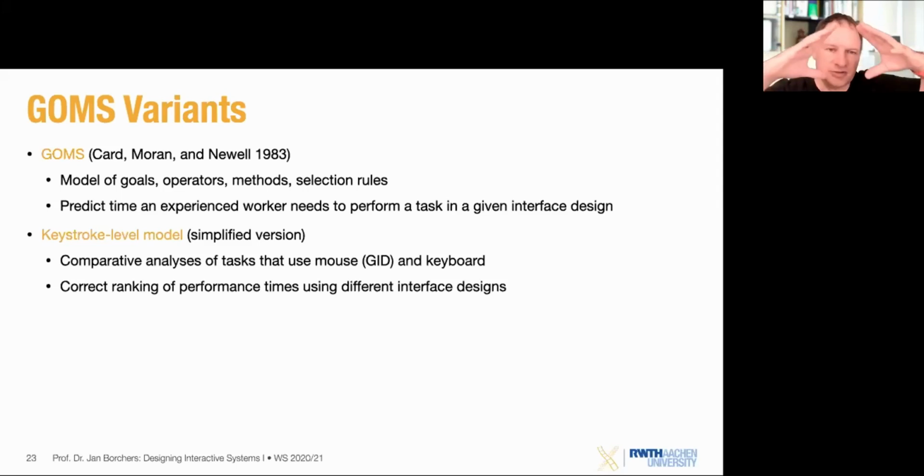It removes the rest of this pyramid, if you want, so that you don't cover all the different variants of how people do things and how likely it is that they do this or this other thing. So it's only used for a particular determined sequence of actions. So it just consists of a sequence of, well, keystrokes or mouse clicks or elementary operators, essentially, without the overarching architecture above it.